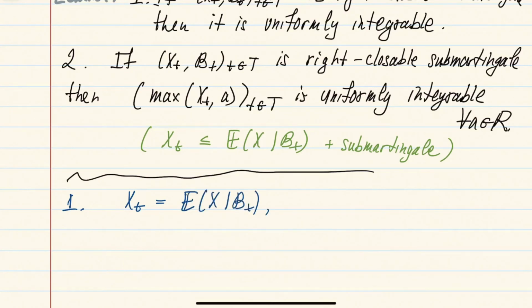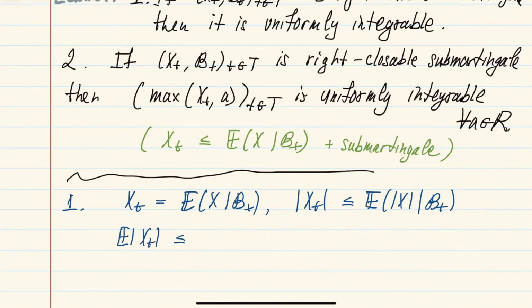If you take the absolute value, by conditional Jensen's inequality this is bounded by the conditional expectation of the absolute value. So that implies that this random variable X controls the L1 norm of the whole process.